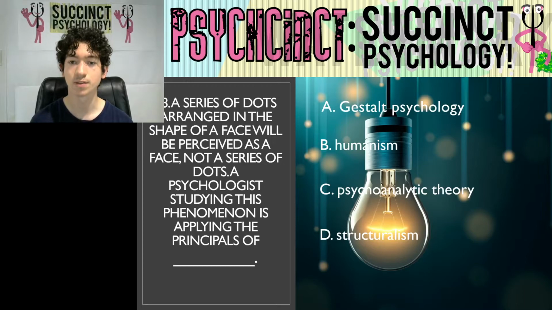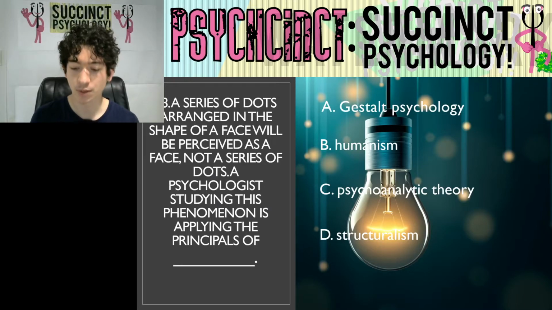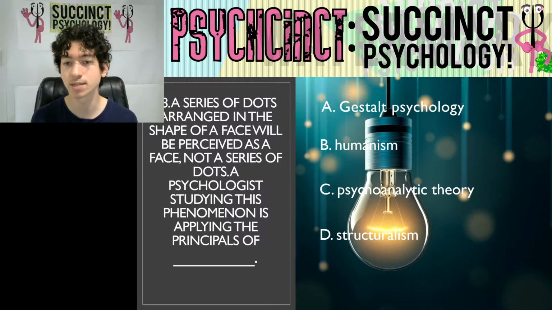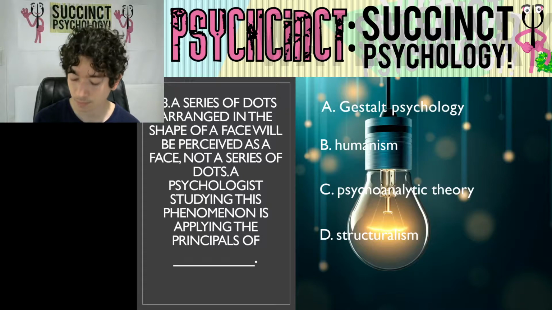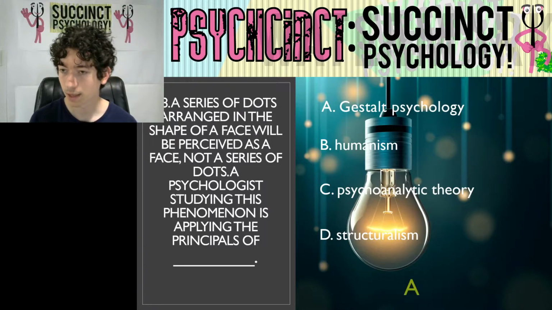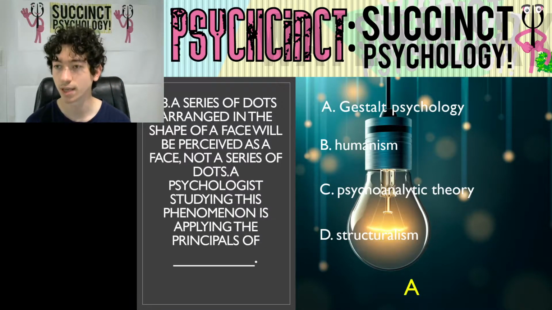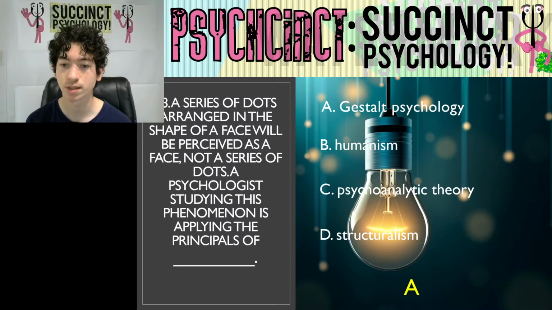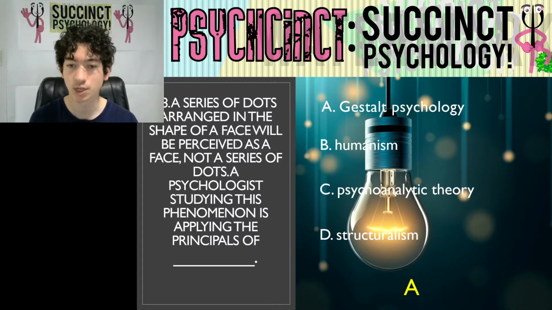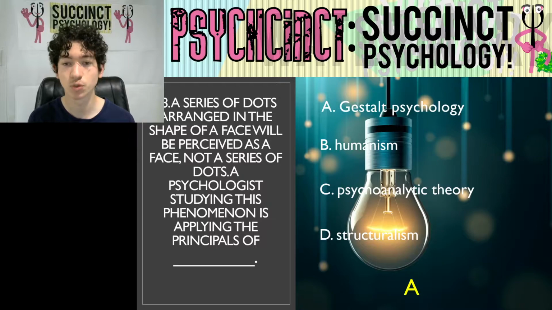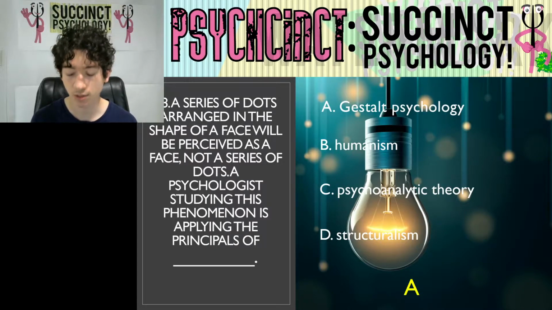Remembering that this is having to do with examining the whole rather than individual parts. In this case, a series of dots as opposed to the whole picture that it makes, a face. And it is in fact option A, as Gestalt psychology deals with looking at the individual as a whole rather than individual parts of their consciousness, of their psychology.